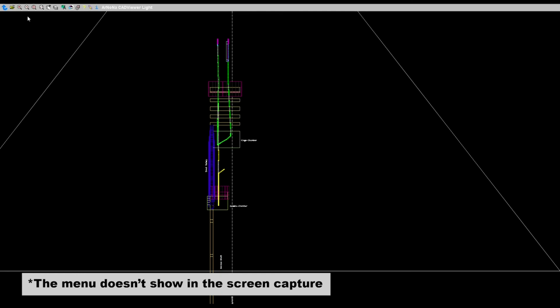Service shafts, relieving chambers, not useful. Roof beams, some corridors. The pyramid itself is useful. Depth points, not sure what that is. Lower shaft.